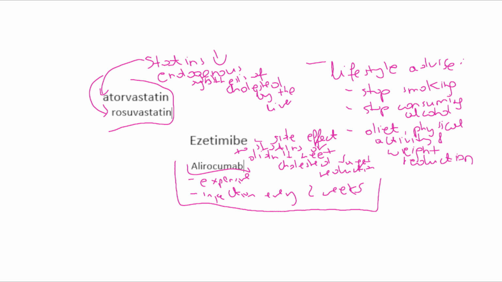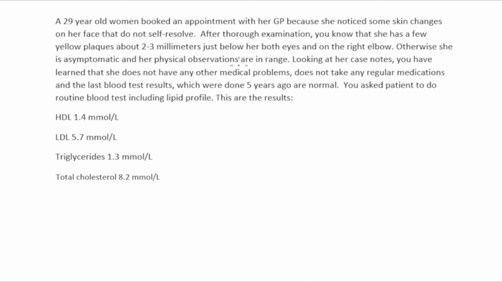So let's have a look at this case. We have a 29-year-old woman who booked an appointment with her GP because she noticed some skin changes on her face that do not resolve. So we have a pretty young lady, 29 years old.